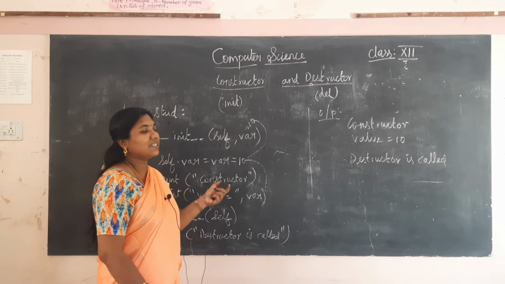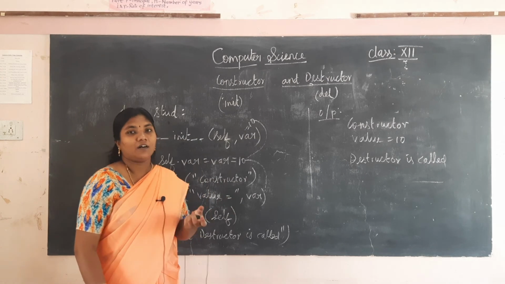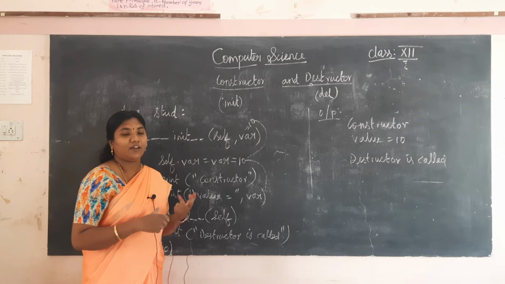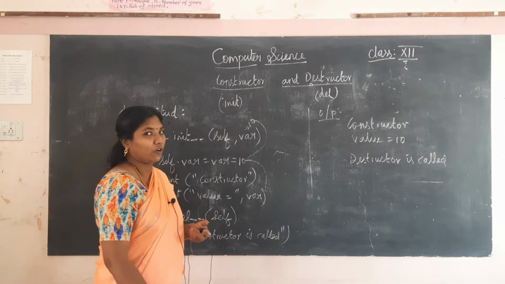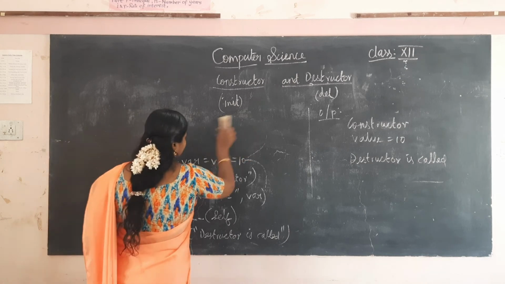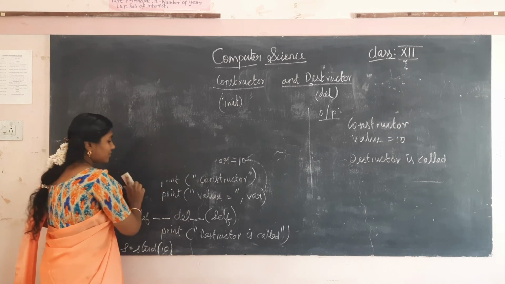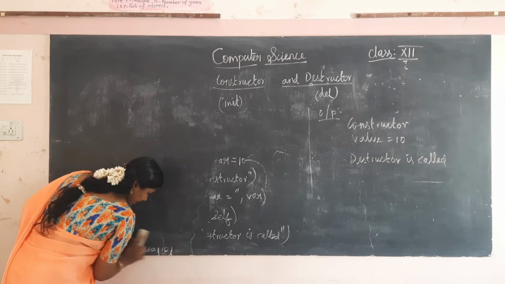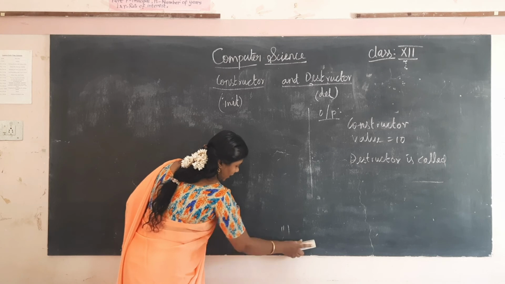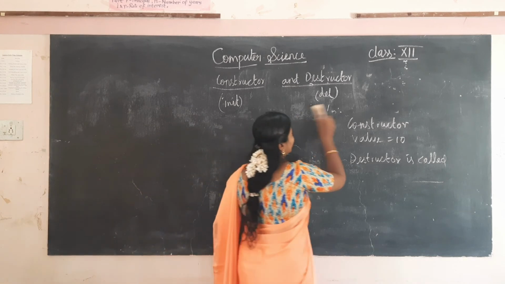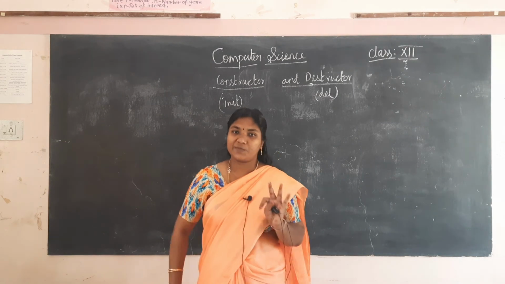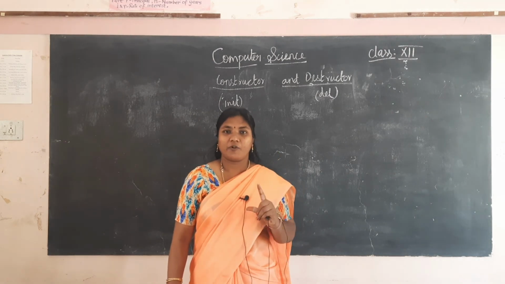Okay. Next we will see how the members within the class are public and private, and how it is performed in Python. In C++ you have 3 access specifiers: public, private and protected.